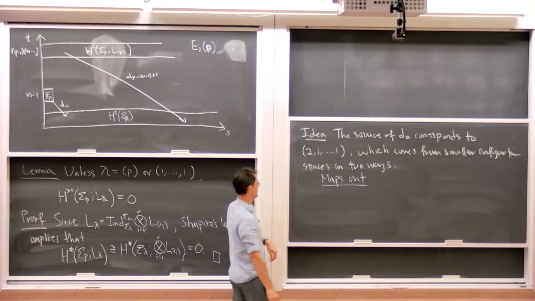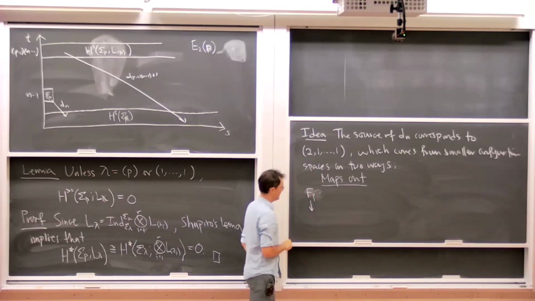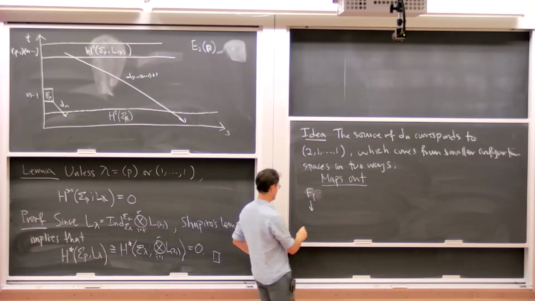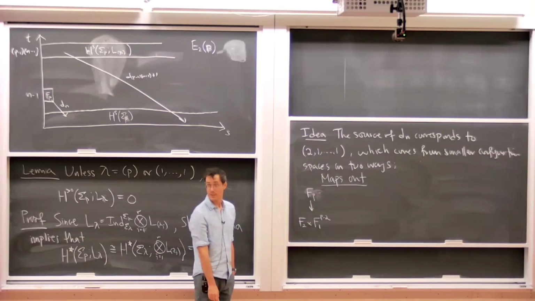Well, in this case, we can look at the configuration space of p particles, and we can keep those particles exactly the same and just regroup them and view them as first a configuration of two particles and then p minus 2 configurations of a single particle. We're just perverse this way. So this is a map to F2 times F1 to the p minus 2.